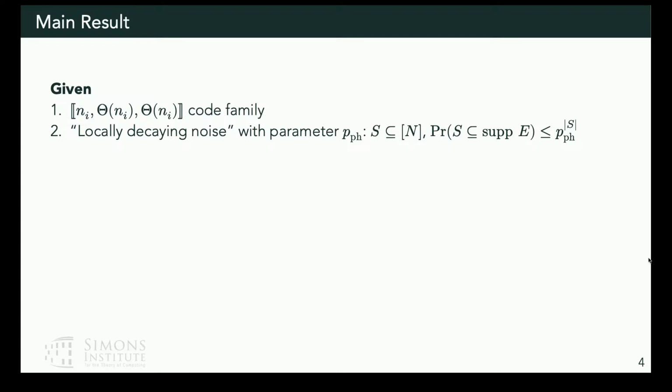For any set of our qubits, the probability that the error is a superset of the set is exponentially small. If we just had IID noise, we'd have equality here. So it's a loosening a little bit. If we have a gate error that takes out a few different qubits, but of constant size, this is fine.